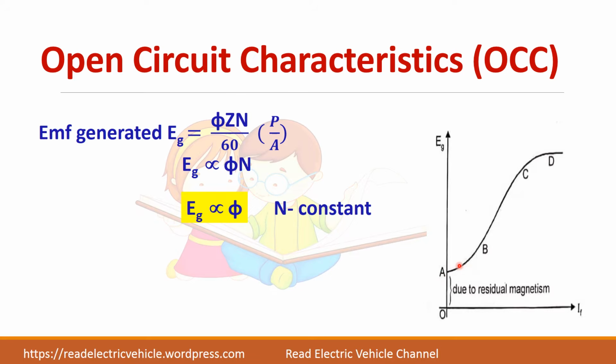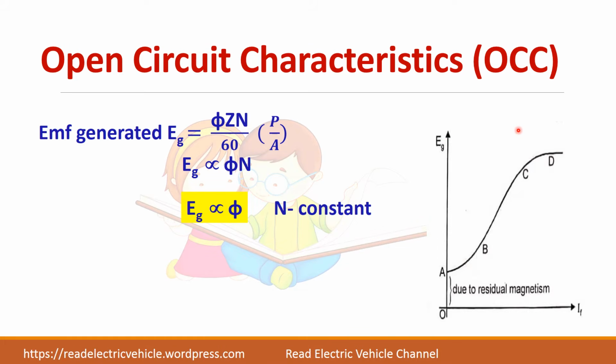Then after that you will get almost a linear characteristics for some time, and when the field current is increased beyond a certain point, this linearity will go, because in this CD section, the poles get saturated. So though you increase the field current, there will be no major change in the generated EMF.